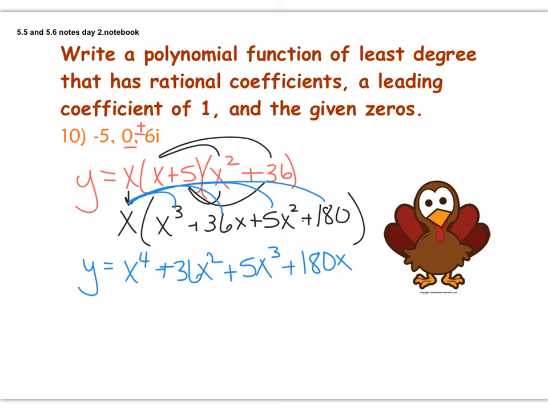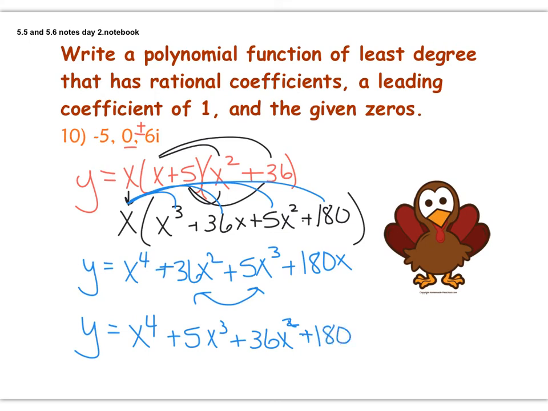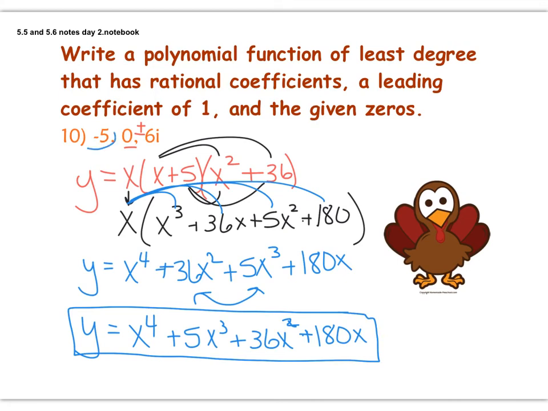And I don't see any like terms, but my order's wrong again. So y equals x to the 4th plus 5x cubed plus 36x squared plus 180x. Checking on the graphing calculator, if you type in your answer, it should cross at -5 and 0.